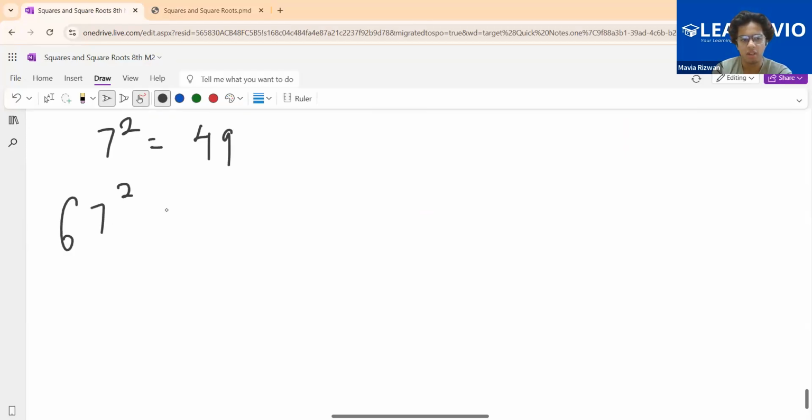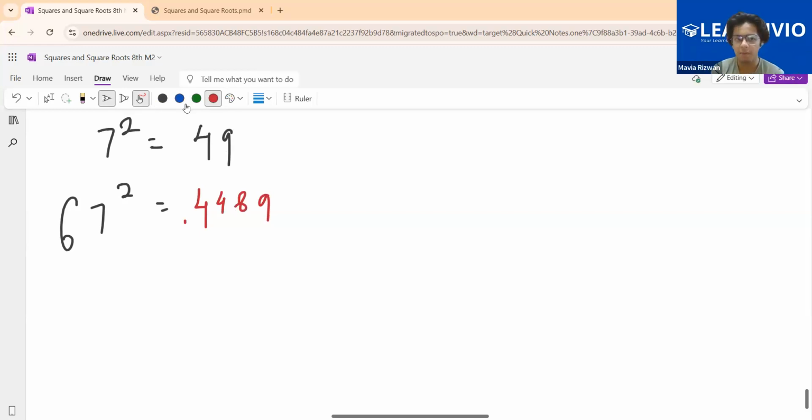When we add 6 before 7, how do we find 67 square? Just split the 49. Write 49 with a gap and in between write 48. Now keep splitting it as we add on 6.